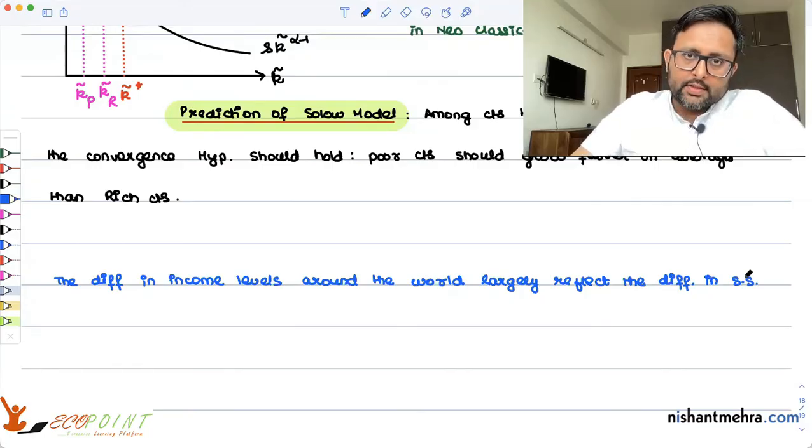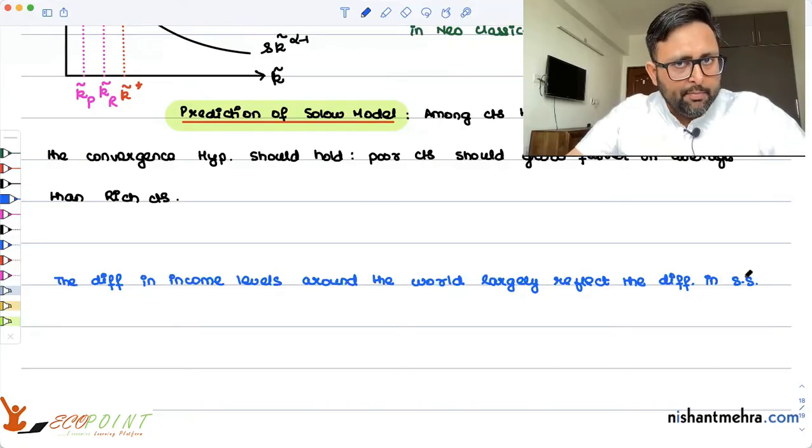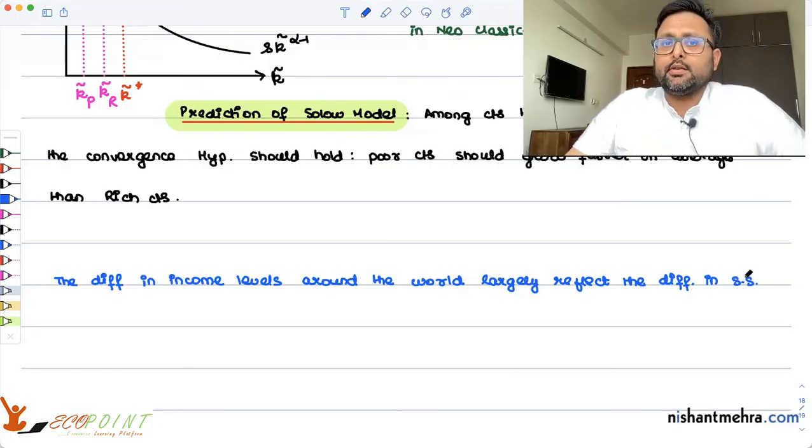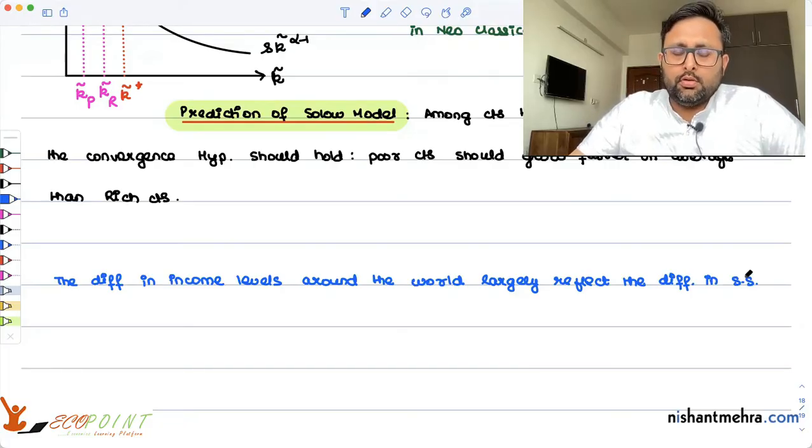Because all countries do not have the same investment rate, the same population growth rate, the same savings rate, the same technology levels, you cannot expect that all countries will converge toward the same steady state. Here the convergence hypothesis is not going to hold, right?